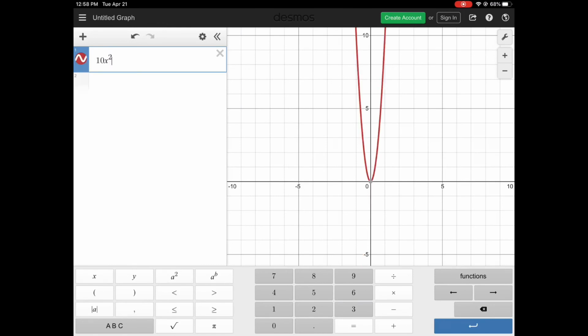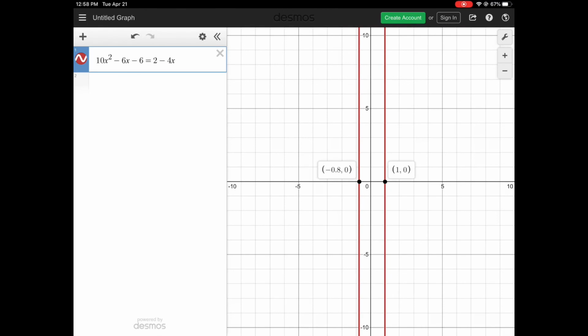So we had 10x squared minus 6x minus 6 was equal to 2 minus 4x. Where it intersects is my solution. So my x value was -0.8, which is equal to -4/5. And then my other x value was 1, which is what we got. So that's how you know that you did it right.